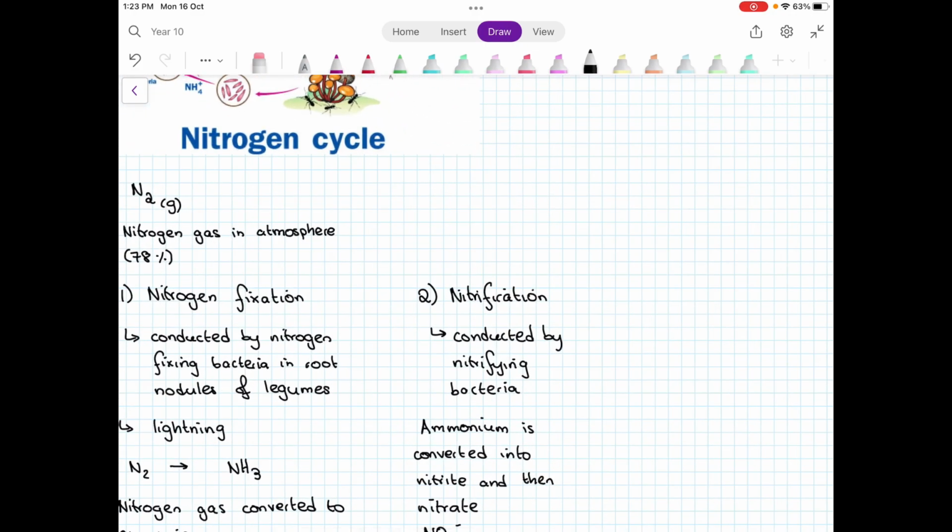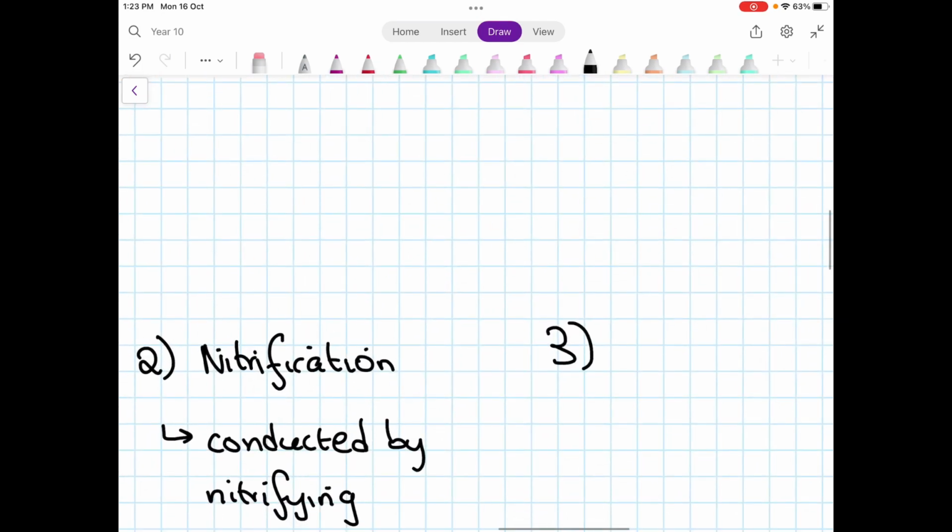So this brings us to the third step of the nitrogen cycle, which is known as decomposition. So what happens in decomposition is that organisms called decomposers break down decaying organic matter.